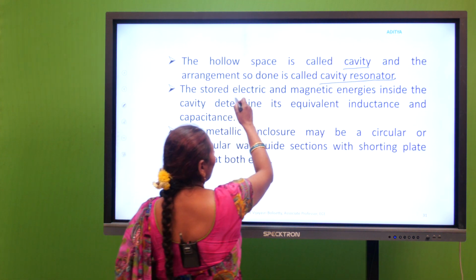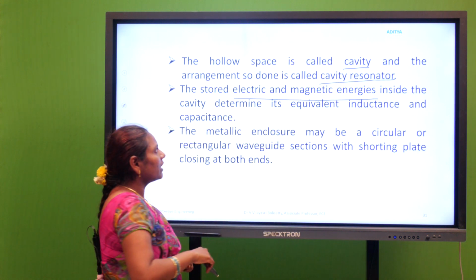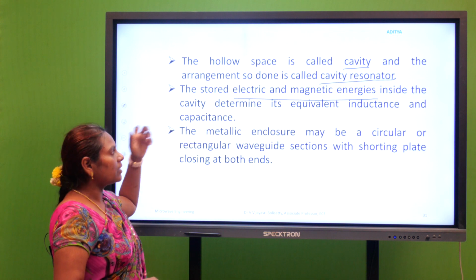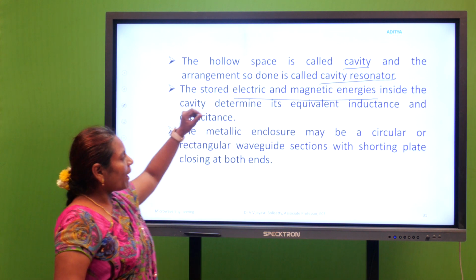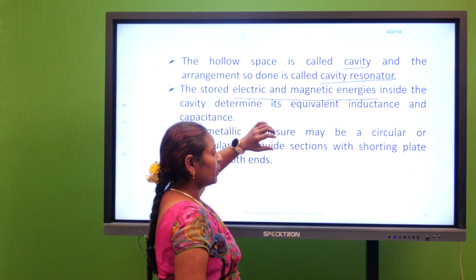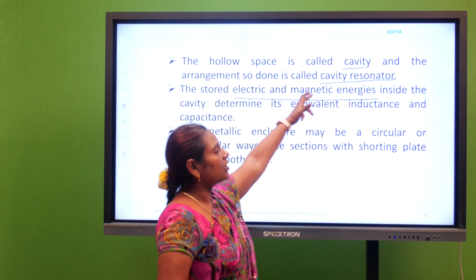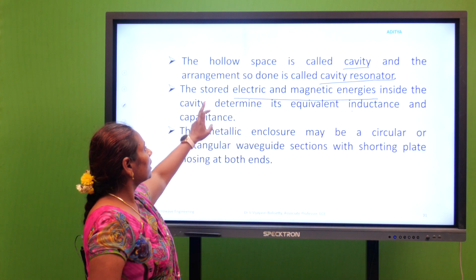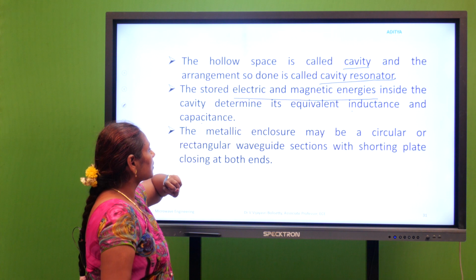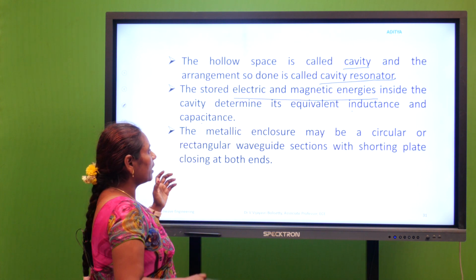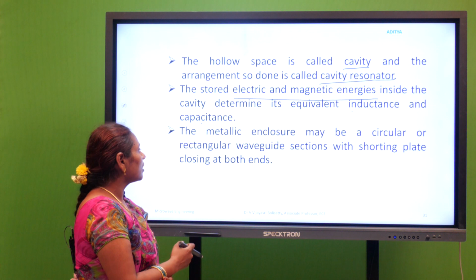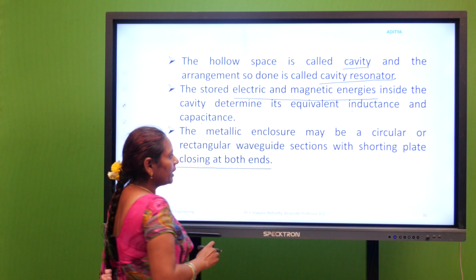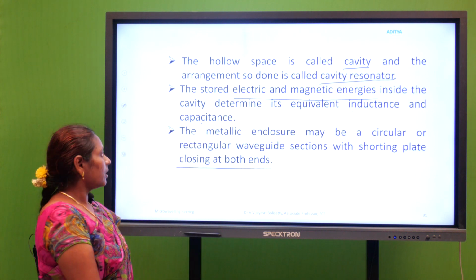The stored electric and magnetic energies inside the cavity represent the inductance offered and the capacitance offered. The magnetic energy stored in the cavity resonator is represented with inductance, and the electric energy is represented with capacitance. So, this metallic enclosure, which may be a circular or rectangular waveguide section with shorting plates closing both ends, we call a cavity resonator.